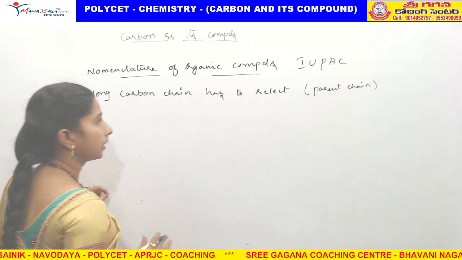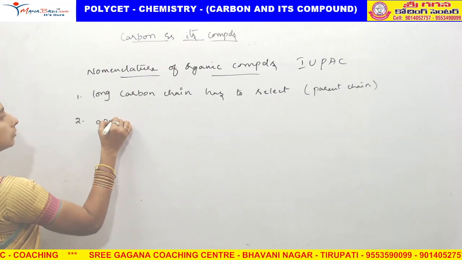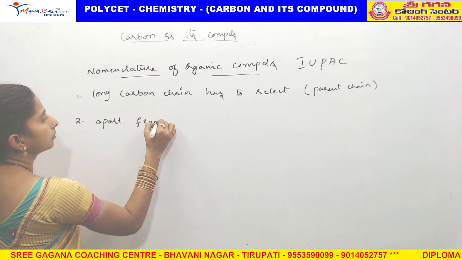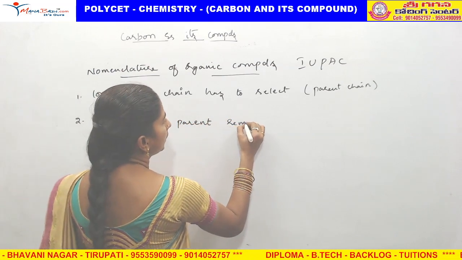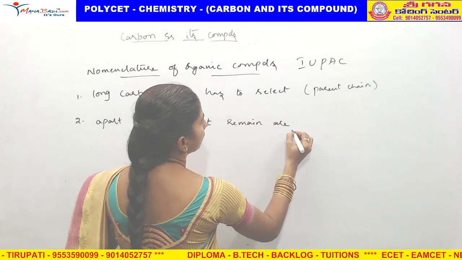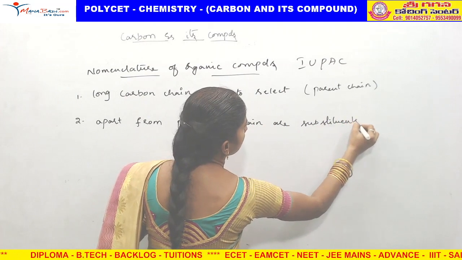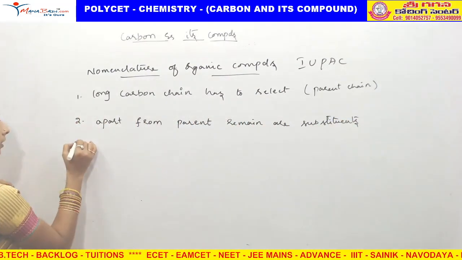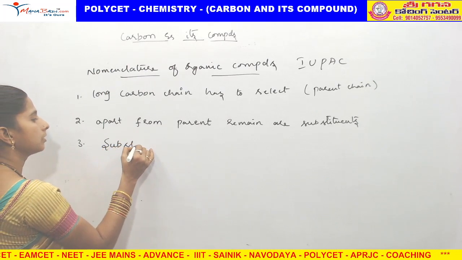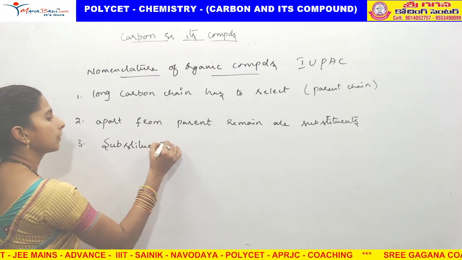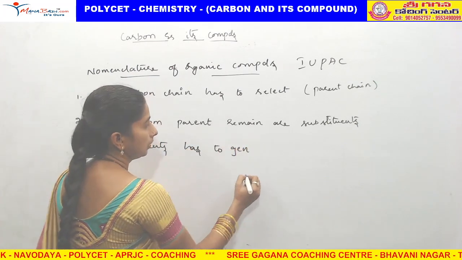Next, apart from the parent chain, the remaining groups are substituents. And the third rule, substituents have to get less numbering.